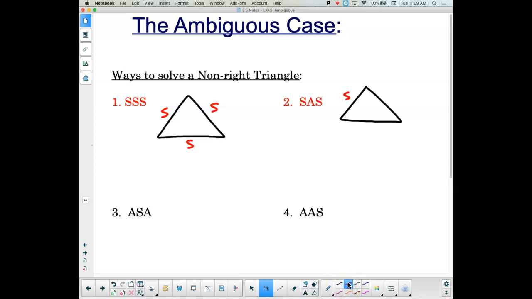When you're given the side and angle, and then the next side, or 2 sides and the included angle, both of those are law of cosines type problems. We're going to get to those tomorrow.